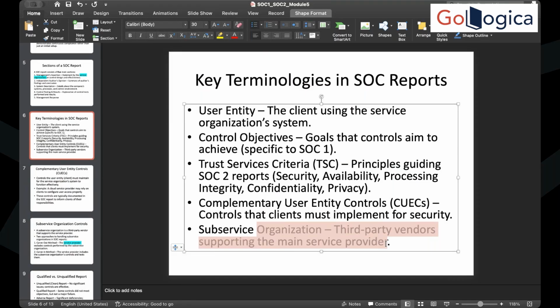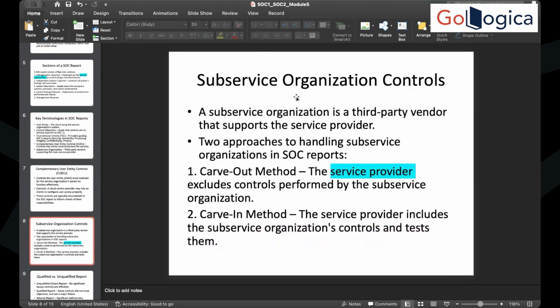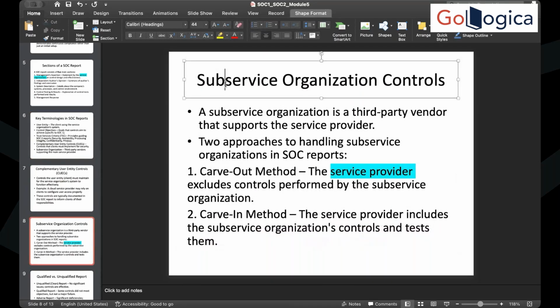Correct. So they are supporting my business, right? So when I say sub-service organization controls, it means the controls that I want Microsoft Azure to also have.